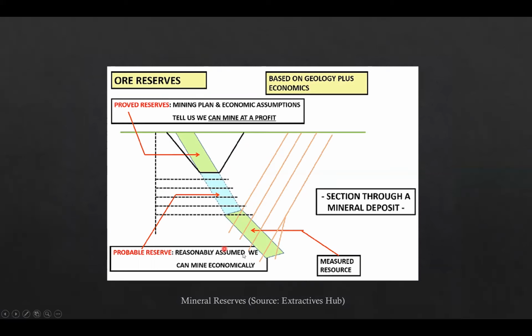So we have here a measured resource, all of it, and then we have two types of reserves here, proved and probable. Proved is the one which we can mine at a profit. We know that if we mine it out, it will give us some profit. But about the probable, we are not sure.